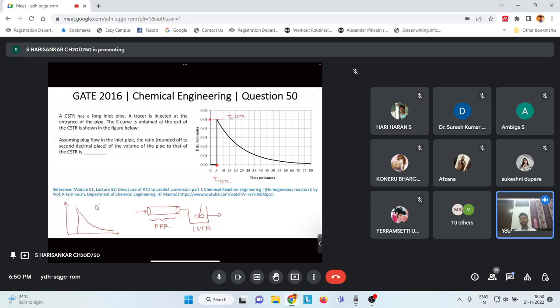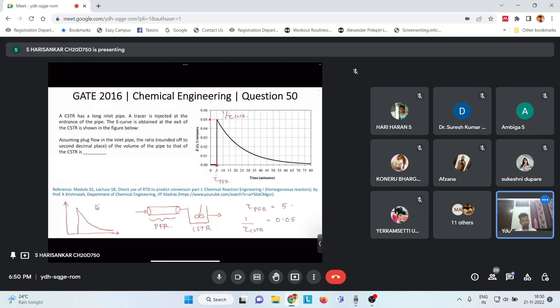So we will use this data to find the ratio of the volume of the pipe to that of CSTR. From the graph, we have the two data here, that is tau PFR, which is 5, and this 0.05 is 1 by tau CSTR. So 1 by tau CSTR is equal to 0.05.